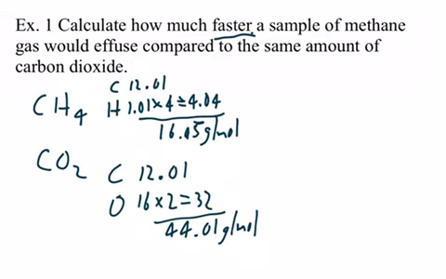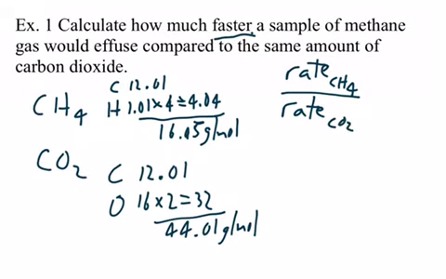Here is where Graham's law comes into play. What you're going to do is put the rate of the faster gas on the numerator. The faster gas is methane. You're going to divide that by the rate of the slower gas, which in this case is CO2. Now, remember what I told you guys.